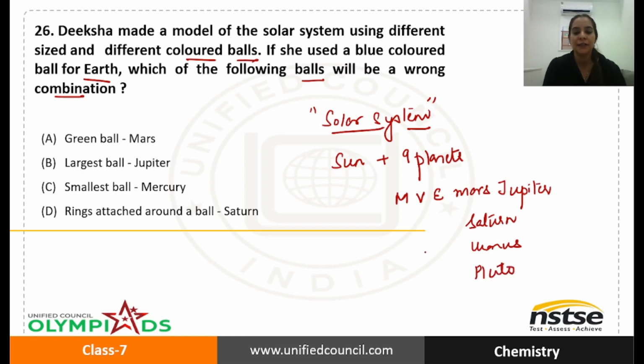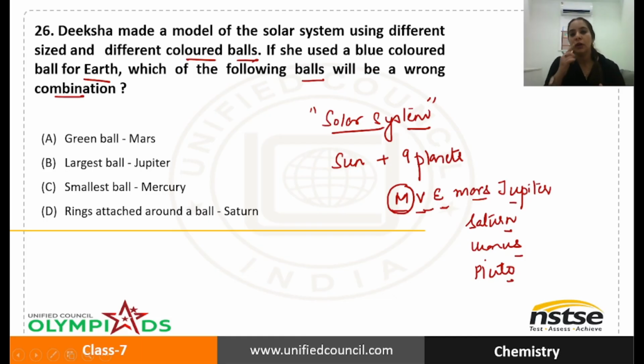Right, these are the planets. Now I have written in the order as they occur in the solar system. The closest planet to the sun is Mercury. Next to it we have Venus. Next to it we have Earth, then Mars, Jupiter, Saturn, Uranus and Pluto.